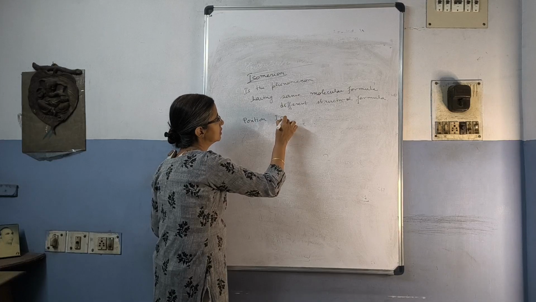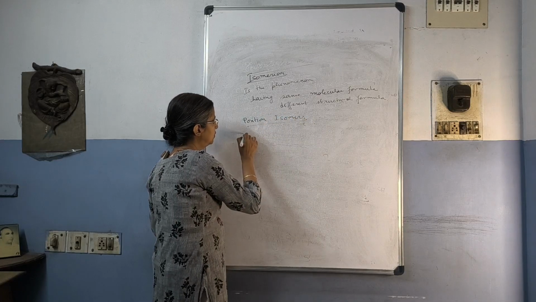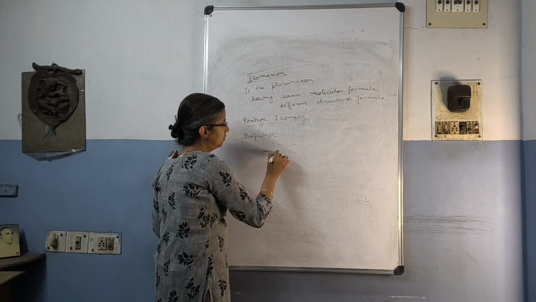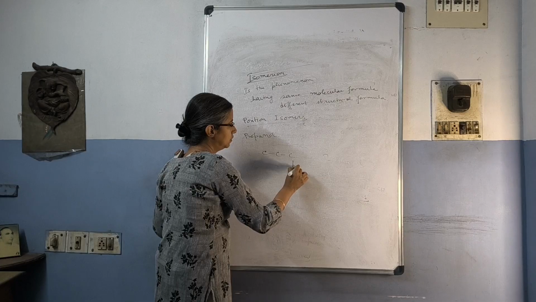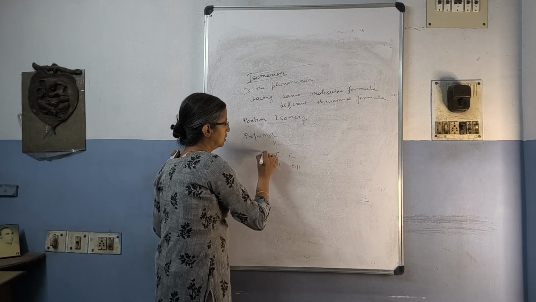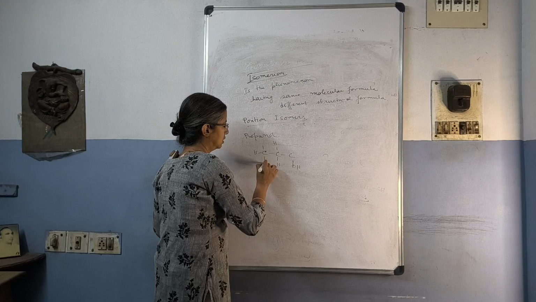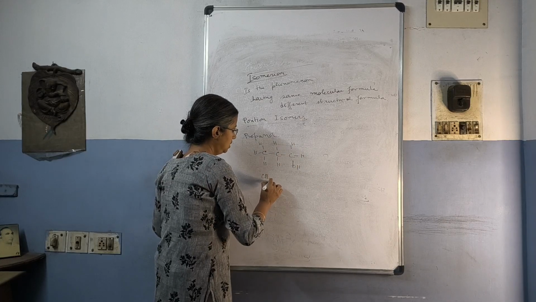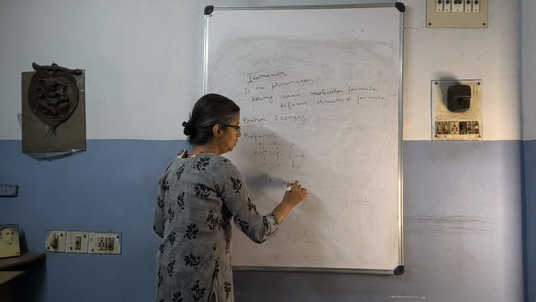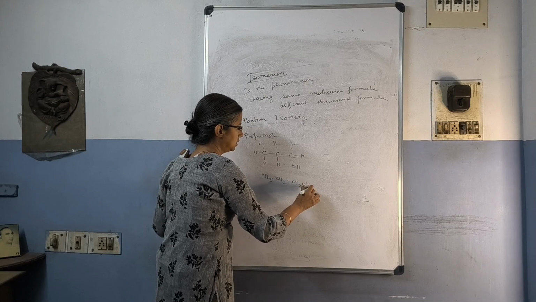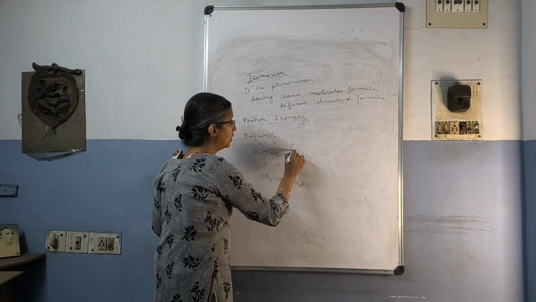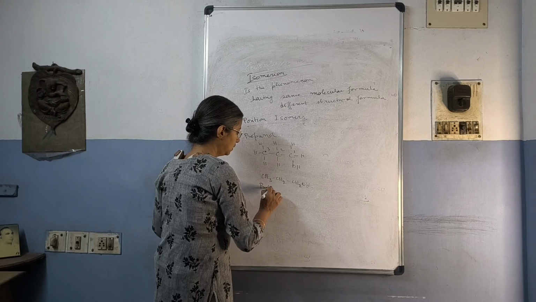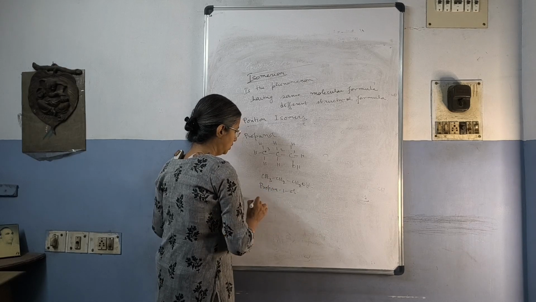How is this? Suppose we have propanol. Propanol. That is C1, 2, 3. This is OH. CH3CH2CH2OH. So this is one propanol. 1, 2, 3. This must be propan-1-ol.